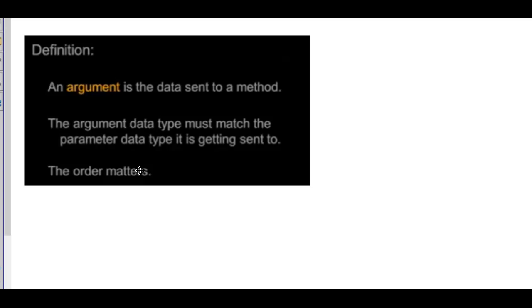So order is important inside of your method calls. So the arguments have to be in the proper order that the parameter is expecting. If it's not, you're going to get an error. It's going to say type mismatch because clearly it's getting the wrong thing.